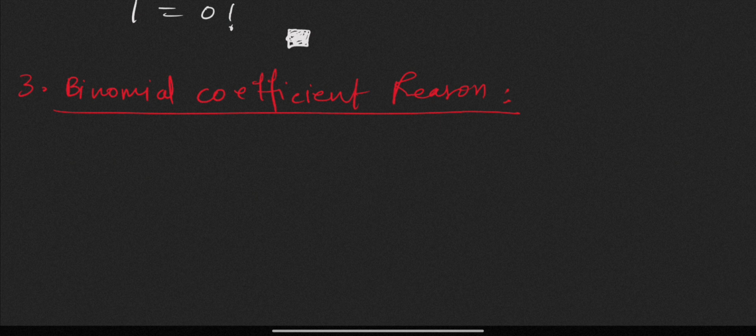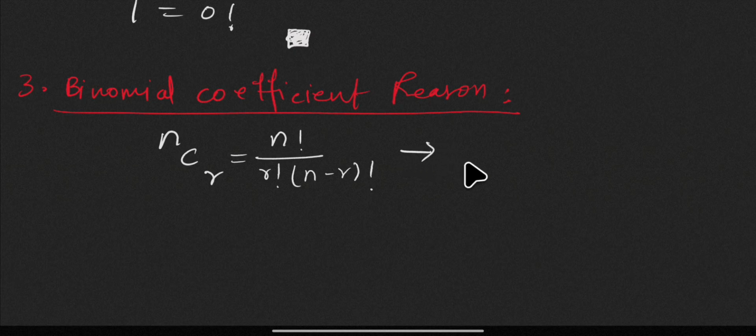This is a formula which says we can choose r objects from n objects. Binomial coefficient is a formula which says nCr equals n factorial by r factorial into n minus r factorial.